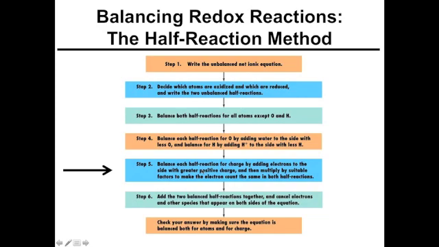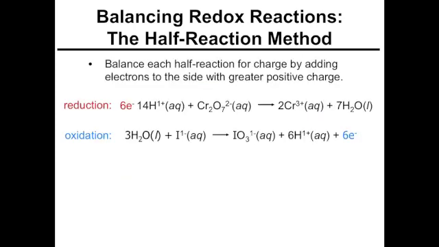Now, step 5, we need to balance the charges by adding electrons to the more positive side. So pause this for a minute and see if you can balance the charges. So if I look at this half reaction, I see that I have a +1 here, and I have 14 of those.